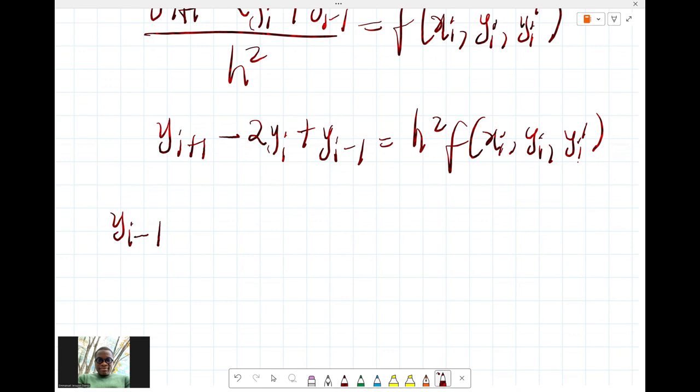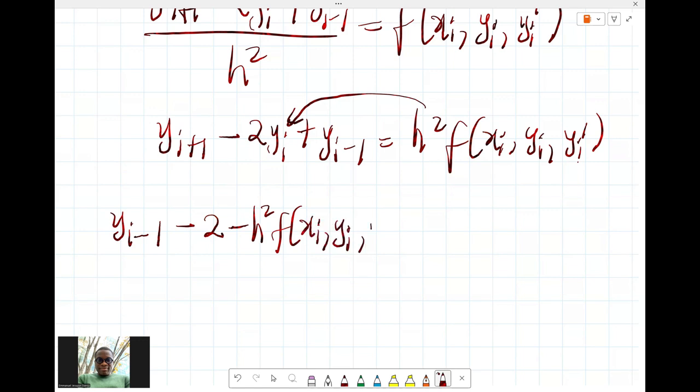And then you have minus 2 minus h squared f of xi, yi prime, like that, okay, this is 2yi. So plus yi plus 1.